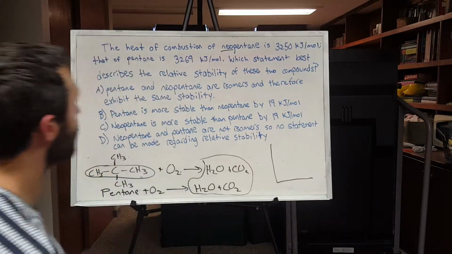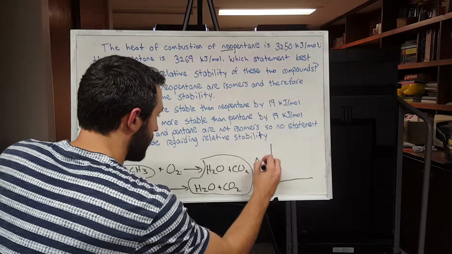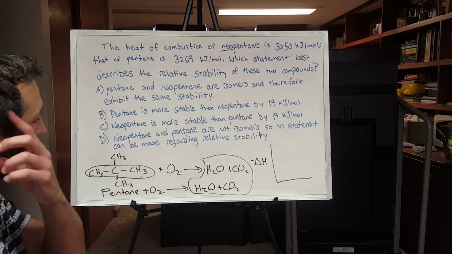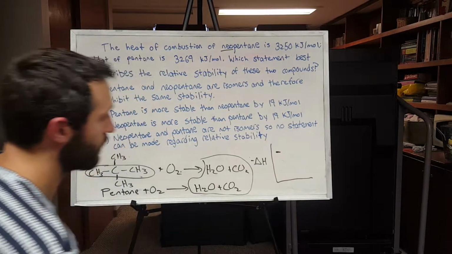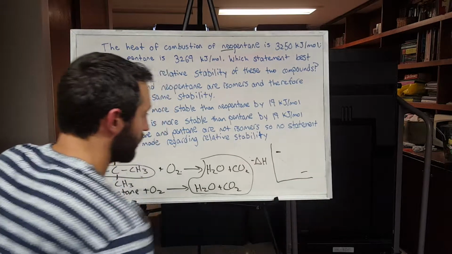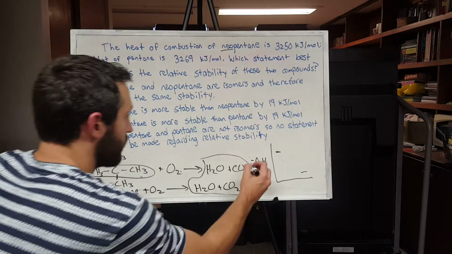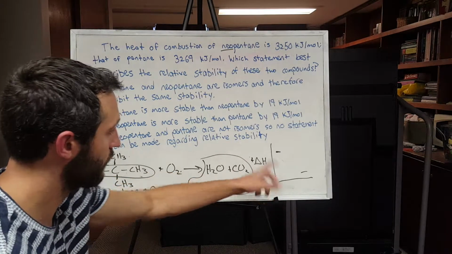So what we care about for heat of combustion is the amount of delta H, change in H, the amount of heat that's released, which will be the difference in change in H from products to reactants. Well, actually I should put it this way, because it'll be this guy minus this guy.